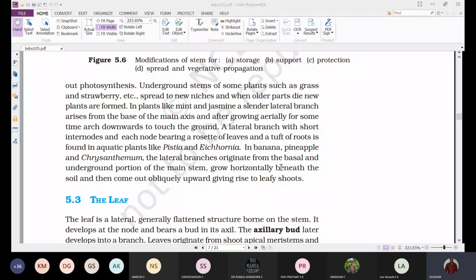When you observe here, the stems grow horizontally just below the soil, just covered by the soil, near the surface.